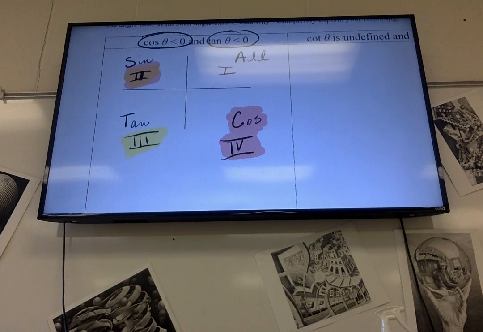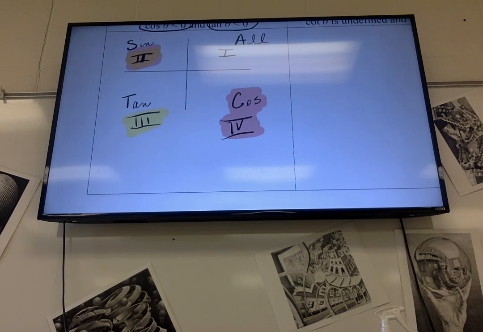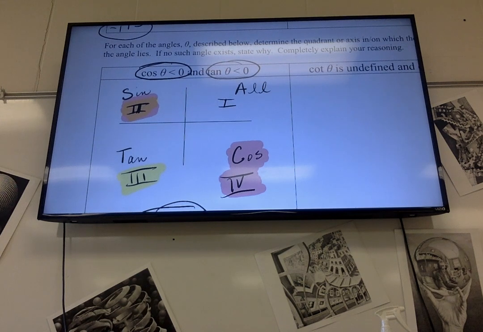Which quadrant is it? The second one. So it's saying where are cosine and tangent both negative? They're both negative in this quadrant, because only sine is positive in this quadrant. So that's the all students take calculus.